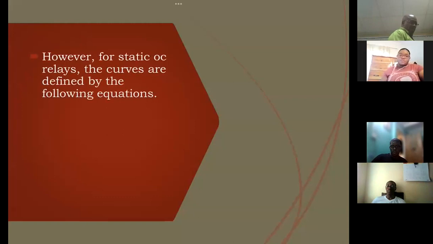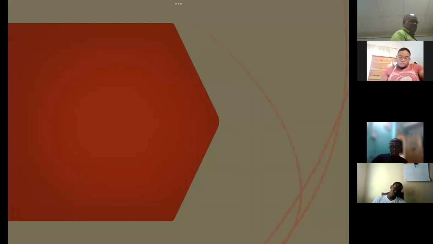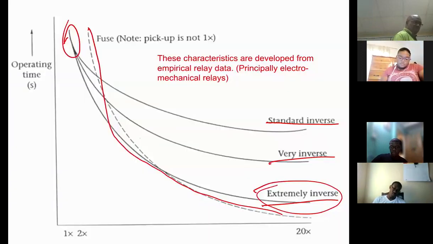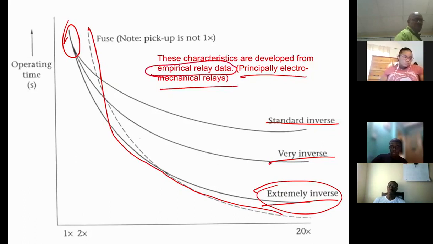Now, for your electromechanical relays, the characteristics that I just showed are derived empirically. You would be getting them from experimental data based on the design of the relays.